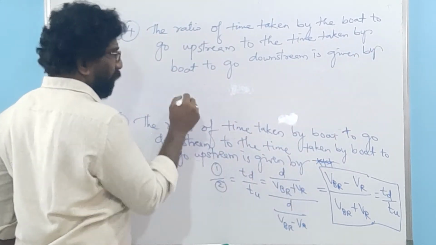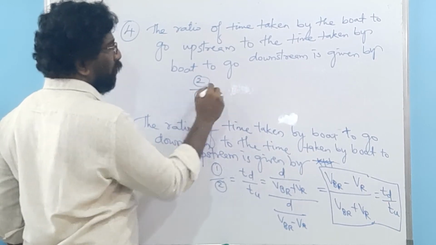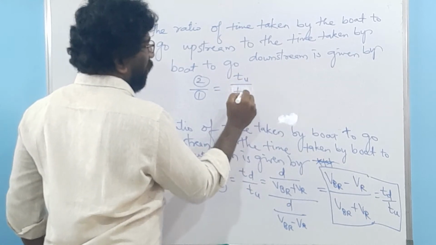It is nothing else but 2 over 1 of the previous equations, that is upstream to downstream time ratio.